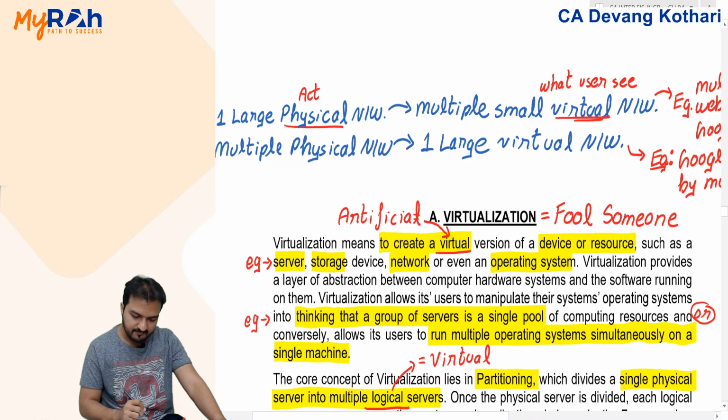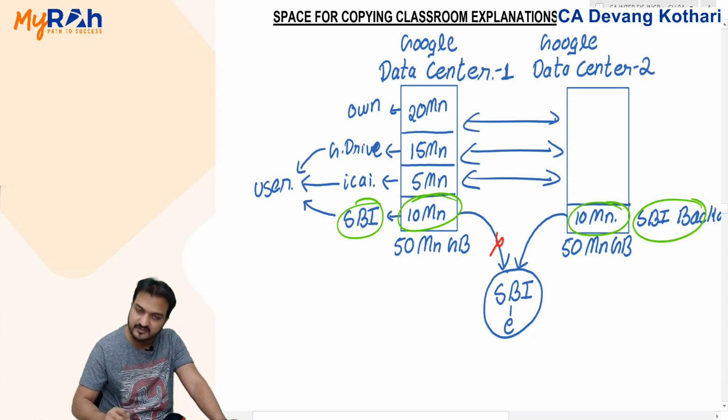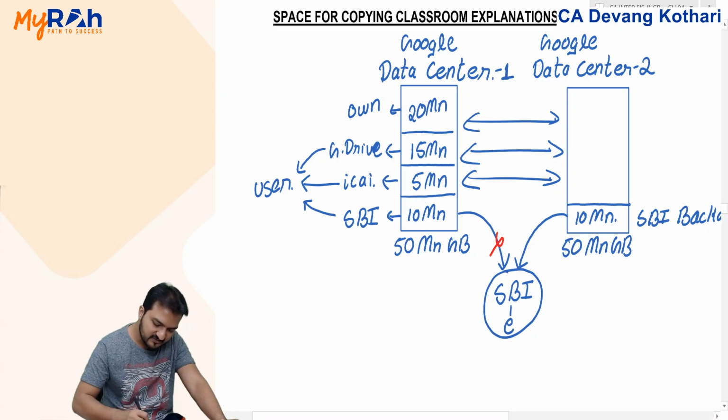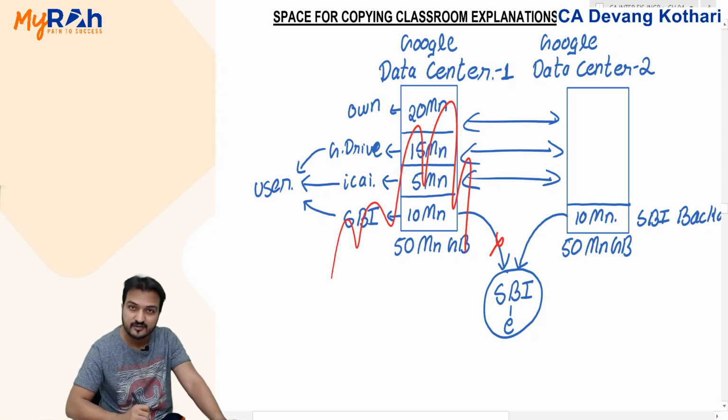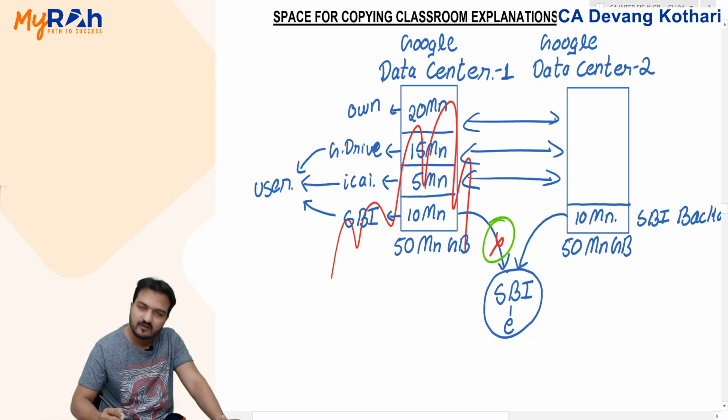Well, I had given you the example of SBI here. If Google has SBI data in data center 1, Google also has SBI backup in data center 2. If there is any problem in data center 1, say a fire breaking out, then all communications from data center 1 will stop.